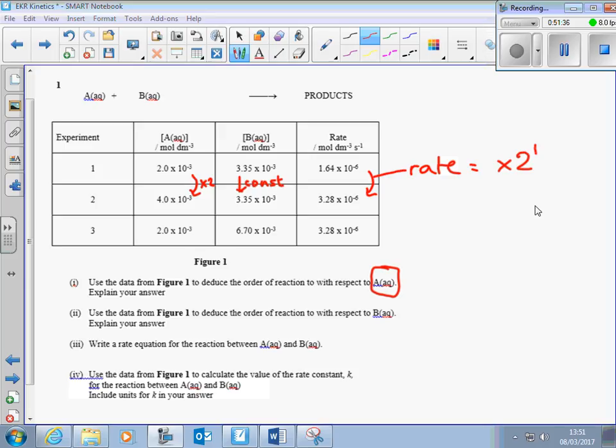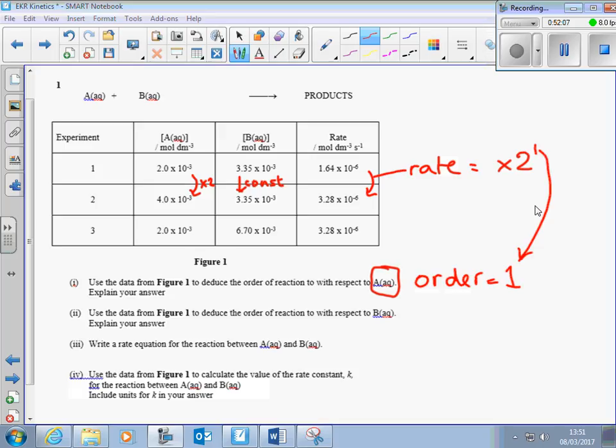All right, so the order with respect to A: we've kept B constant, we've doubled A, and the rate has doubled. It's gone up by 2 to the power 1. So the order with respect to A is 1. All right, it's that power, isn't it? The m. So the order is 1.